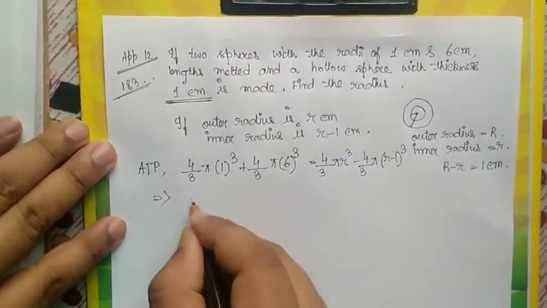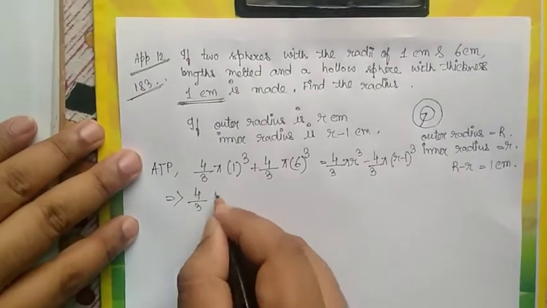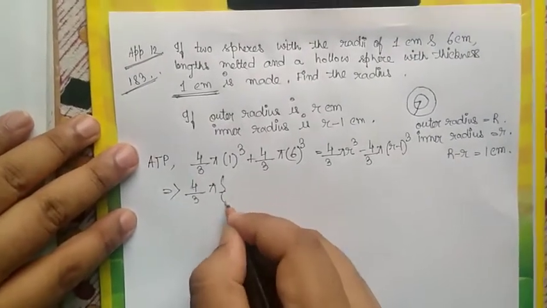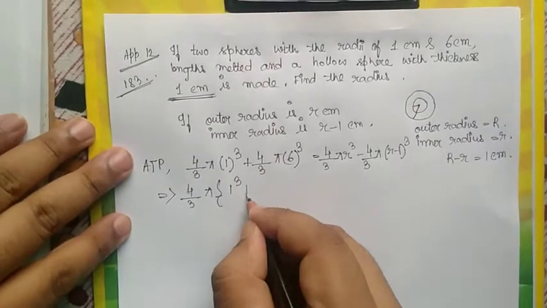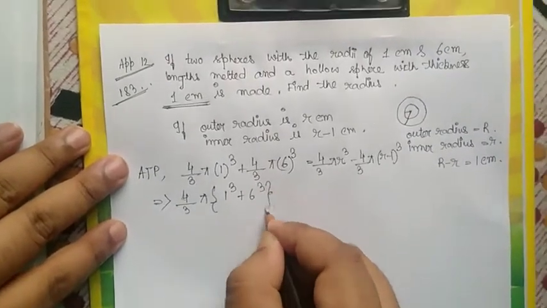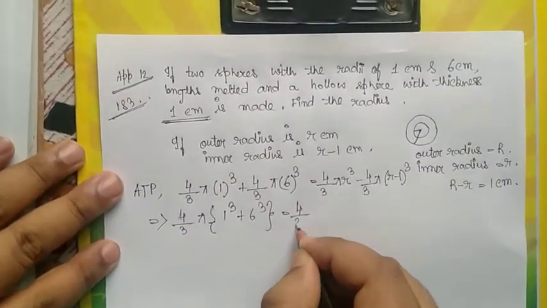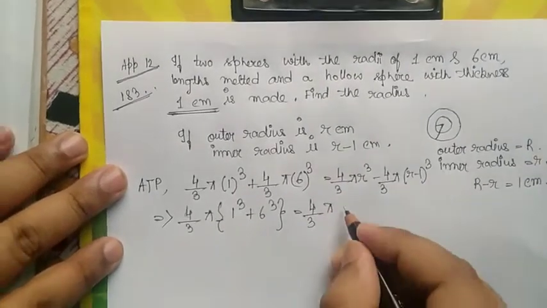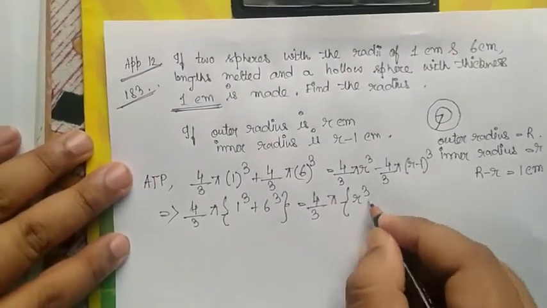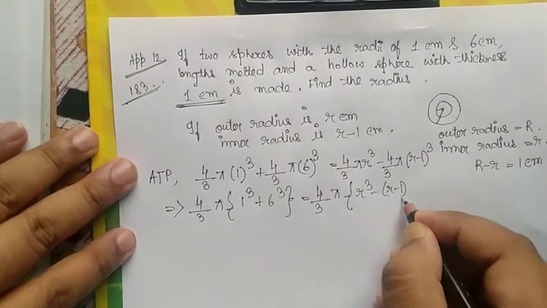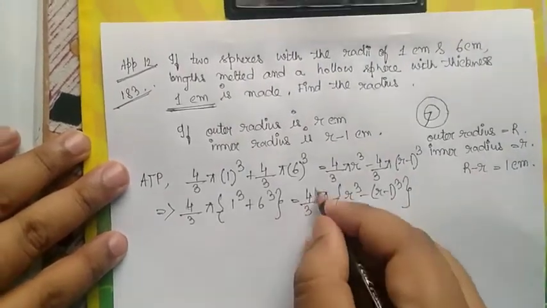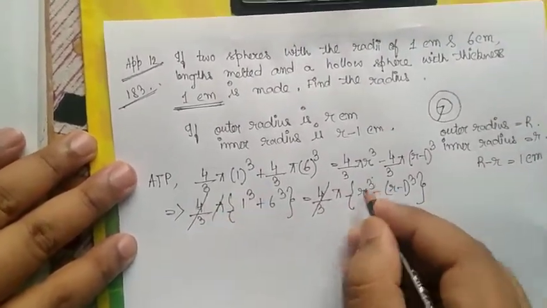Now here we take common 4 by 3 pi, 1 cube plus 6 cube, and here take common 4 by 3 pi, r cube minus r minus 1 whole cube. Eliminate those.